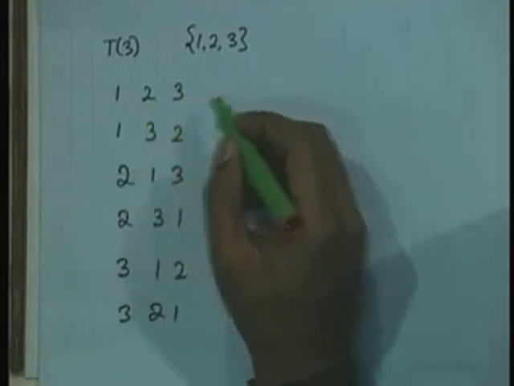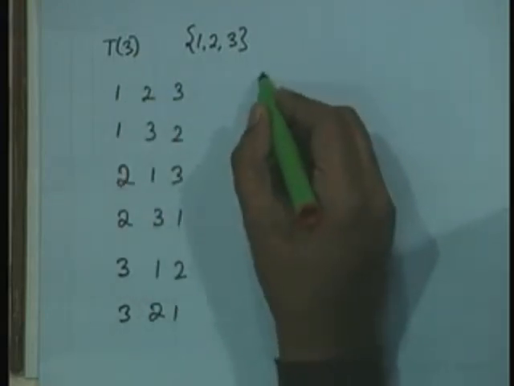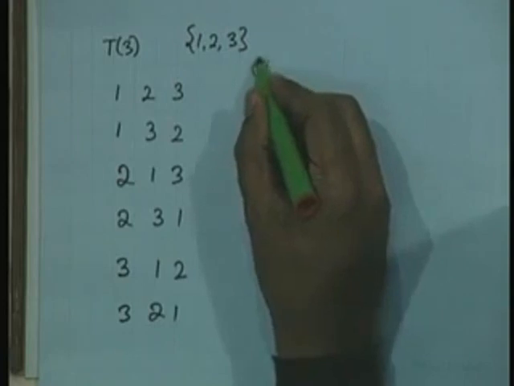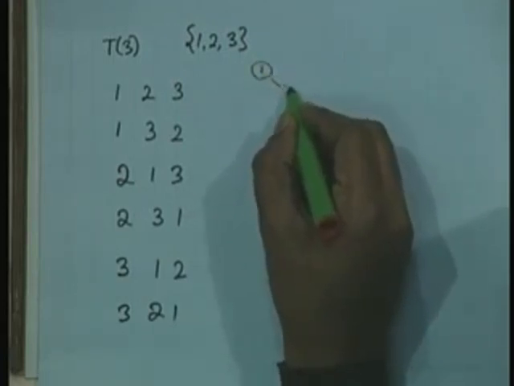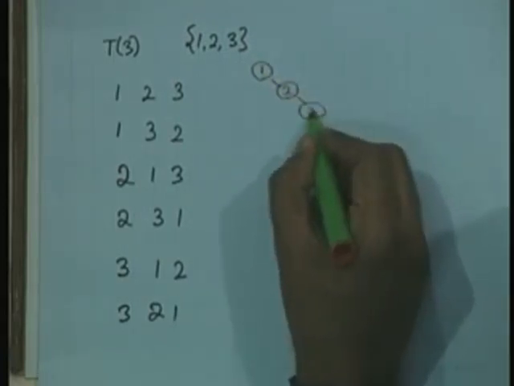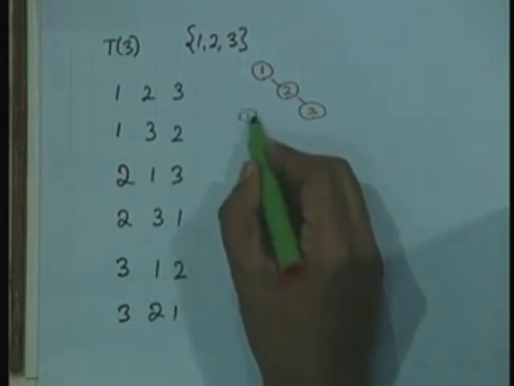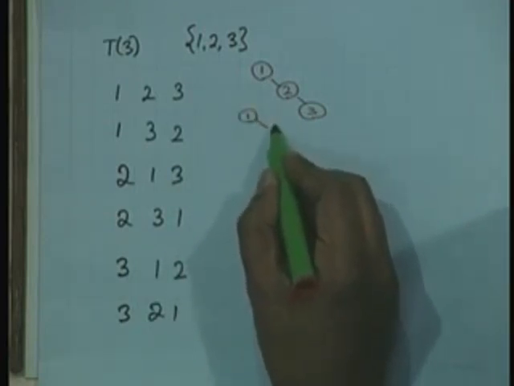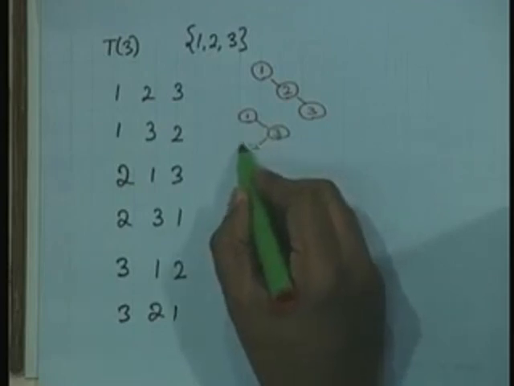When we have this permutation, what tree would we get if we insert the elements in this order? We would get a tree whose root is 1, 2 would come to the right and 3 would come after that. For 1, 3, 2 we get a tree with root 1, 3 to the right, and 2 to the left of 3.